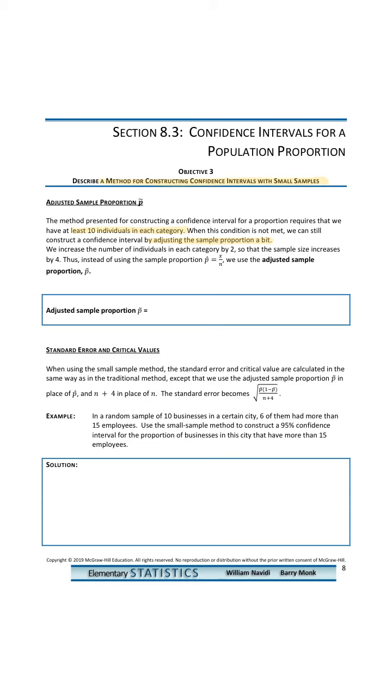So the adjusted sample proportion will become x plus 2 divided by n plus 4. For the adjusted sample proportion, we use p tilde instead of p cap. So the confidence interval for p will become p tilde plus or minus z alpha over 2, and wherever you have p cap, replace that with the adjusted sample proportion.